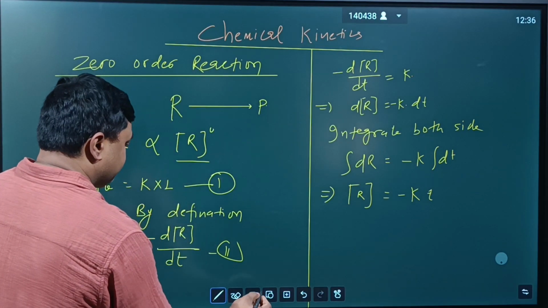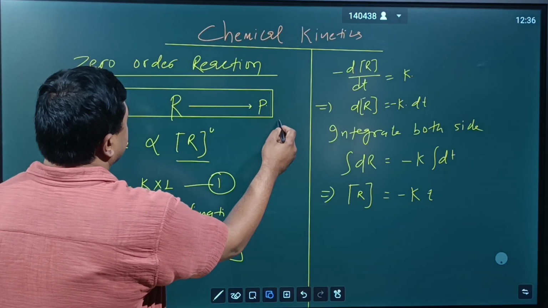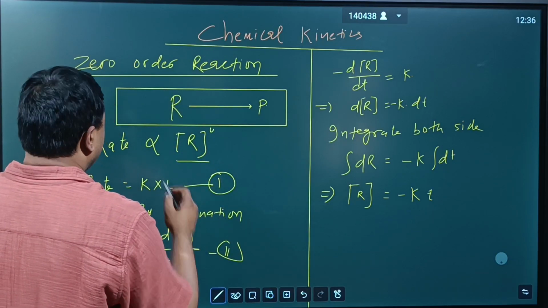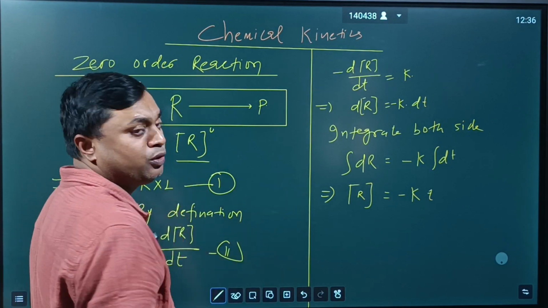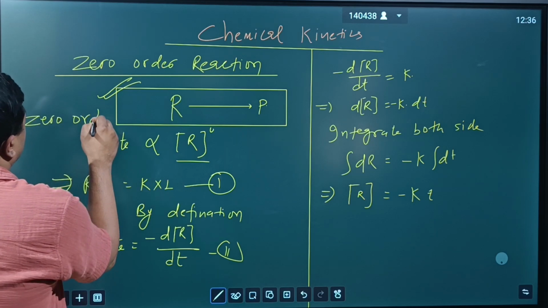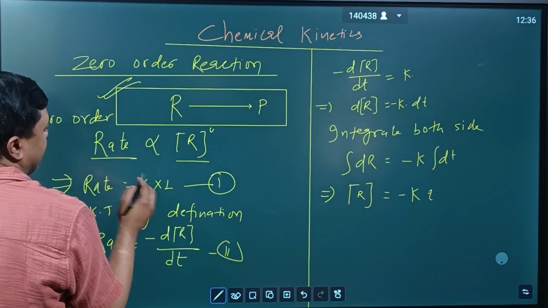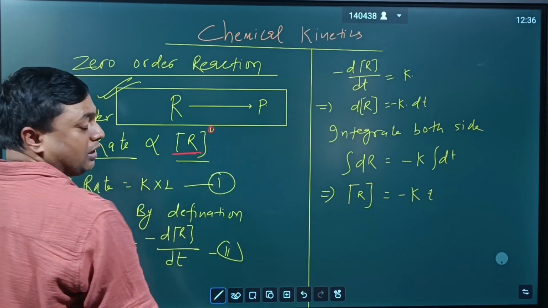So let's start, let's consider a reactant to product. When we talk about R to P, where R is the reactant, P stands for product. So for zero order reaction, we can write rate is directly proportional to the concentration of reactant to the power 0, yes or no?